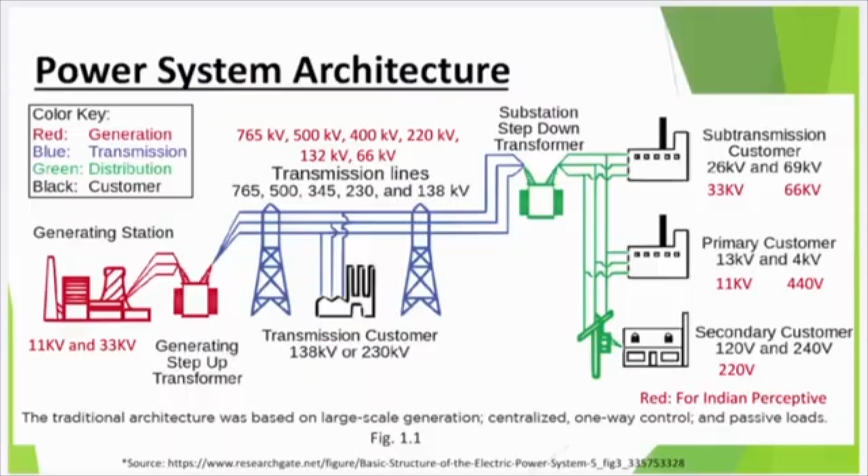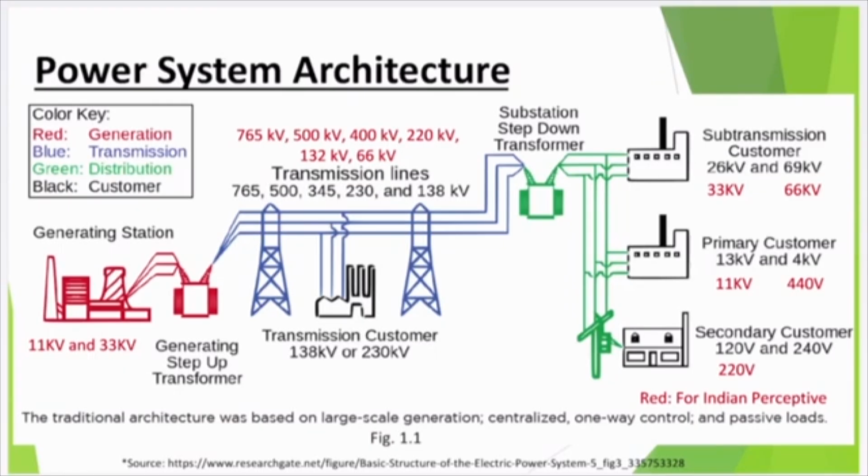And hence, to reduce the losses, we step up the voltage to a higher level to carry the power generated by your generating station through a transmission line with different voltage ratings. And you can see the voltage rating of those transmission lines is as high as 765 kV, 500 kV, 400 kV, 200 kV and so on.